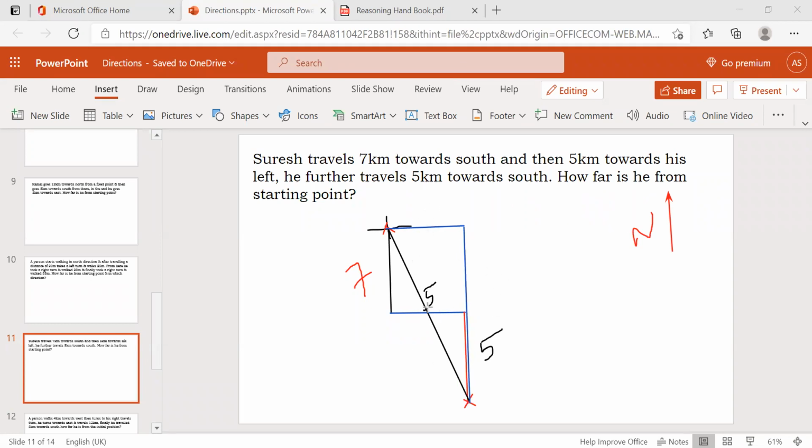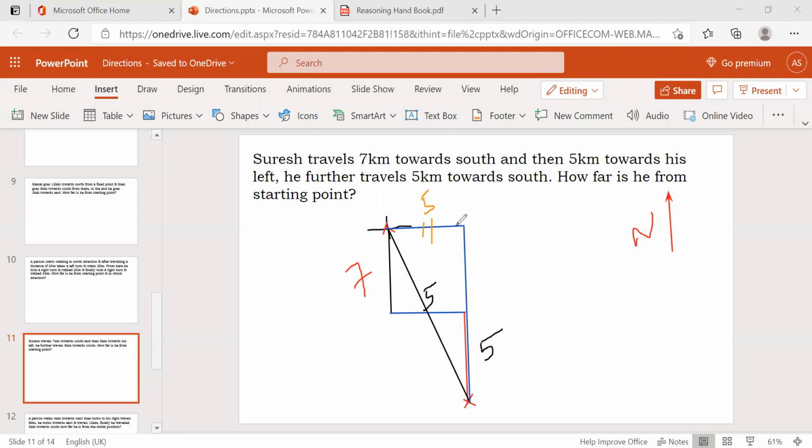This is A, this is B, this is C, right? So what will be this length? It is the same as this one, right? Each side, how much did he travel? 5 kilometers. So this is also 5 kilometers.